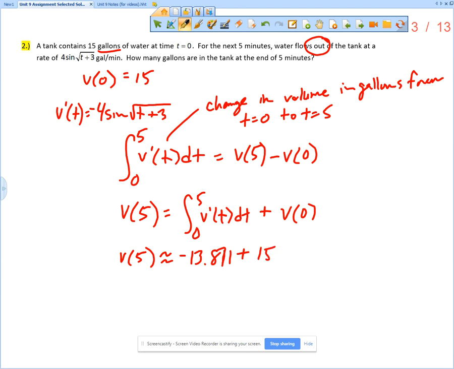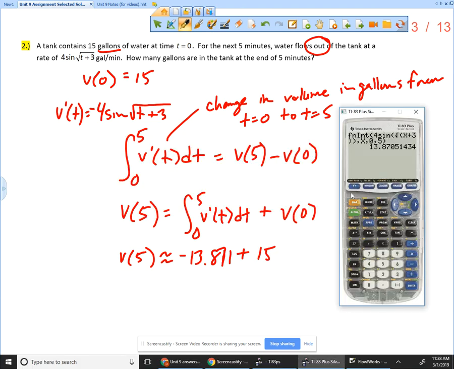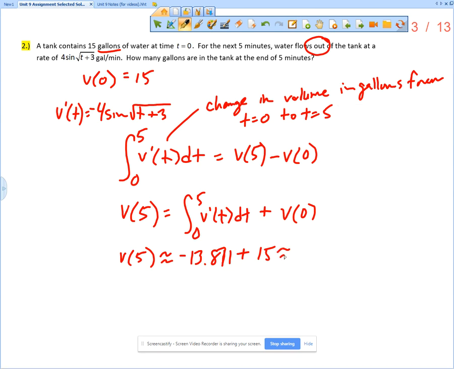So I'm going to say negative answer plus 15, and if I get that, then I am left with 1.129. So 1.129 gallons are in the tank at the end of 5 minutes.